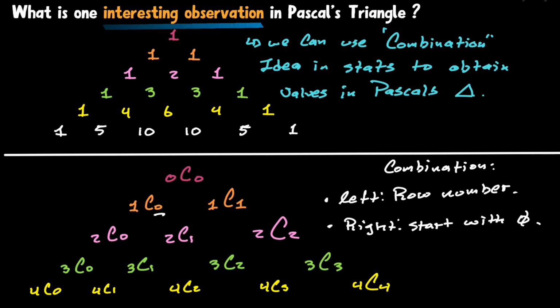So now here I start with 0, and then I move to 1. Next row, I start with 0, 1, up to 2. Next row, 0, 1, 2, up to 3. Next row, 0, 1, 2, 3, up to 4. And this is a very important observation when we define the binomial expansion theorem.